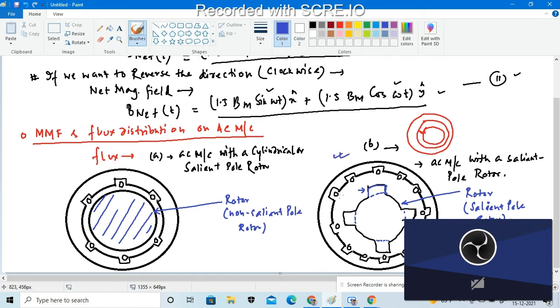That type of machine is called a salient pole machine, right?